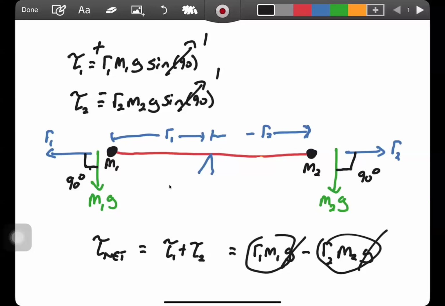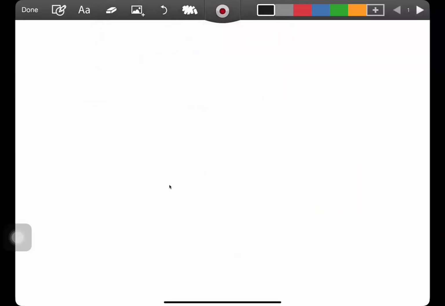So I want to take this torque idea and link it to angular momentum, just as I took the linear force idea and linked it to momentum. And so remember, let's go back to an object. Let's say that at time 1, it's right here.